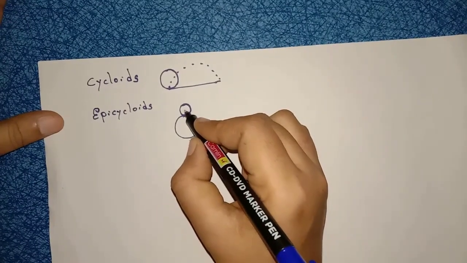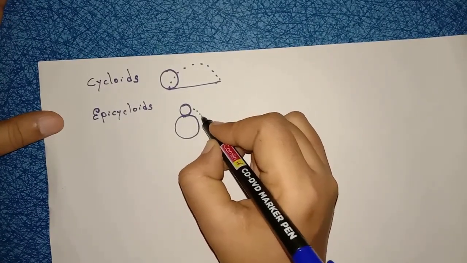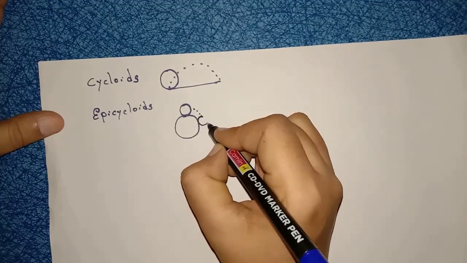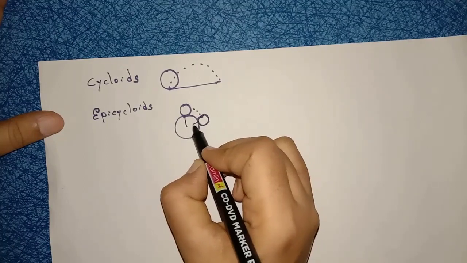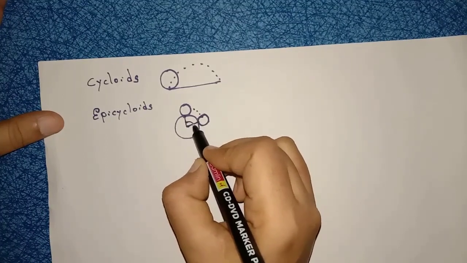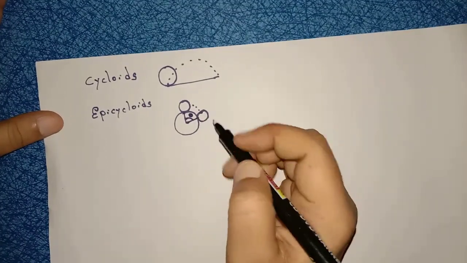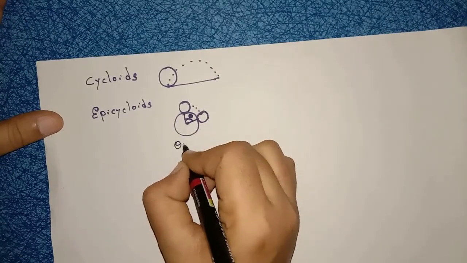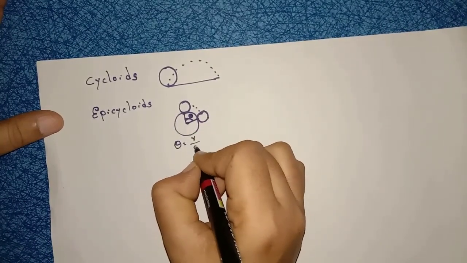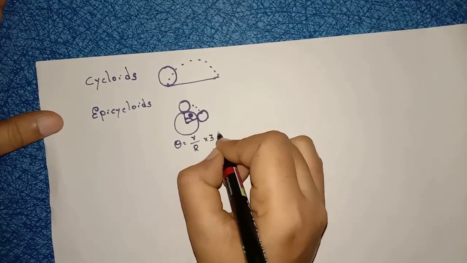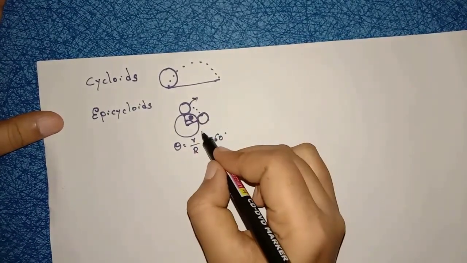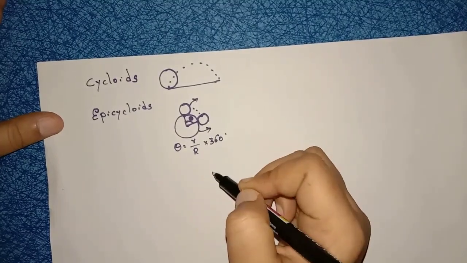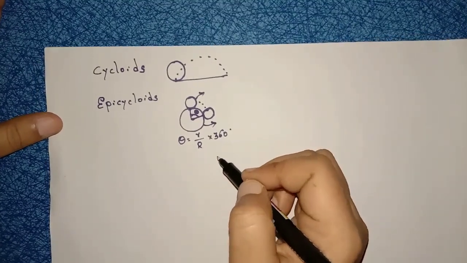Suppose a circle moves from here to here; this is the intersection point and this is the intersection point. So we have to find this angle theta. Theta equals small r by capital R into 360 degrees. Small r is the radius of the rolling circle, capital R is the radius of the directing circle, right?